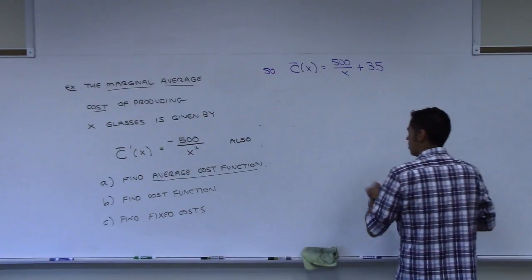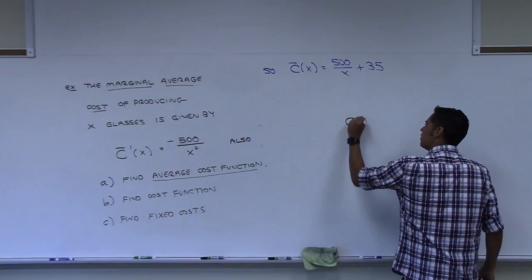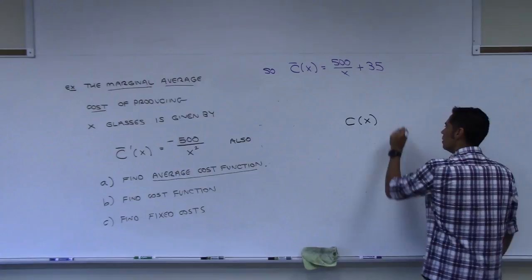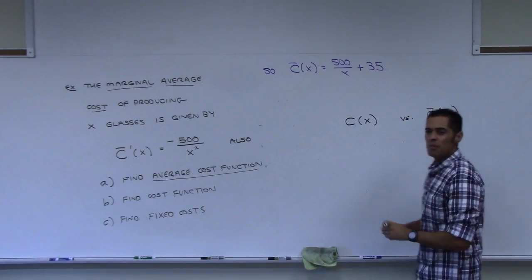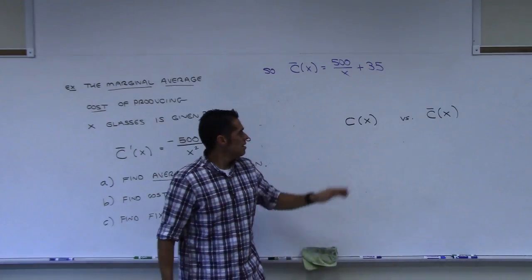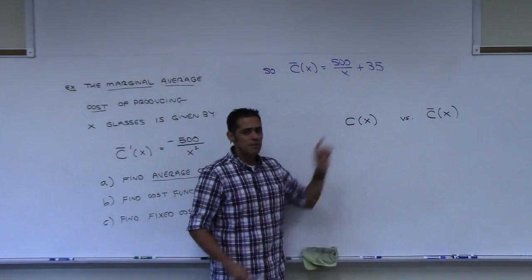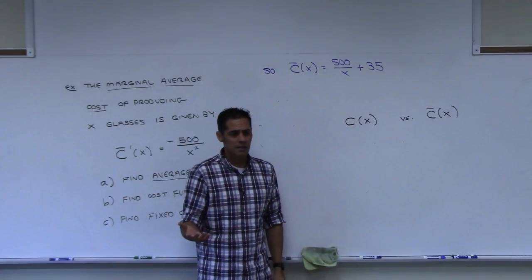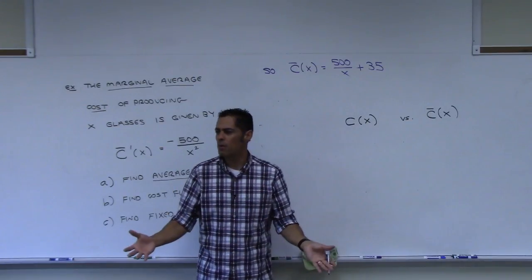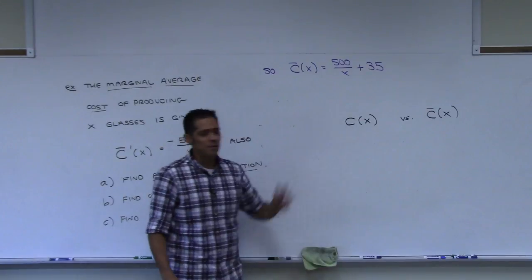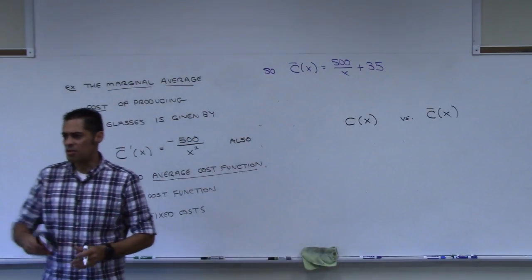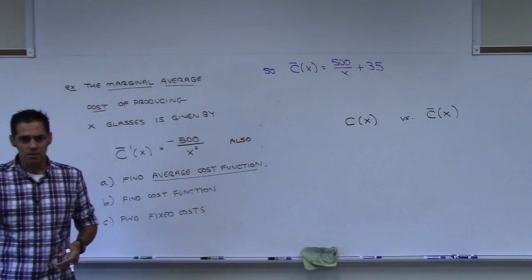Let me just remind you, if somebody gives you a cost function versus the average cost function, let's make sure we understand what the difference is. The cost function gives you the cost for your company to produce a certain number of items. So let's say you have these glasses, you have a cost function that tells you how much it's going to cost you to make 100 of these or 1,000 of these or 1,000,000 of these, right?